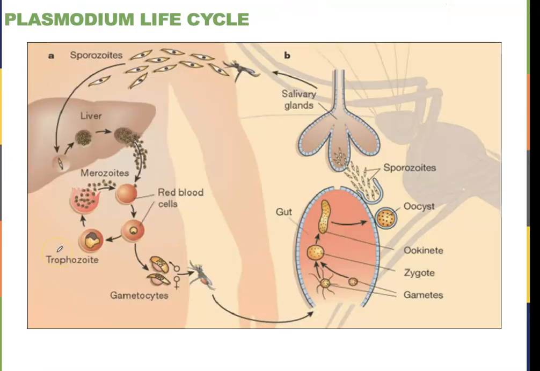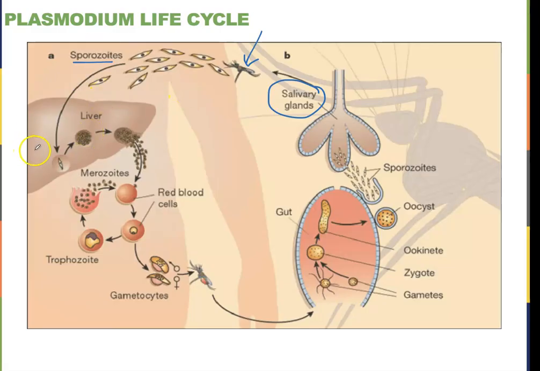All right, so let's look at the life cycle. You do need to know the life cycle. Let's start with A. A mosquito bites you, and the mosquito has the form of the Plasmodium called sporozoites inside its salivary glands. So the salivary glands of the mosquito contain those sporozoites. Sporozoites enter our body, and they have a tendency to go into the liver.